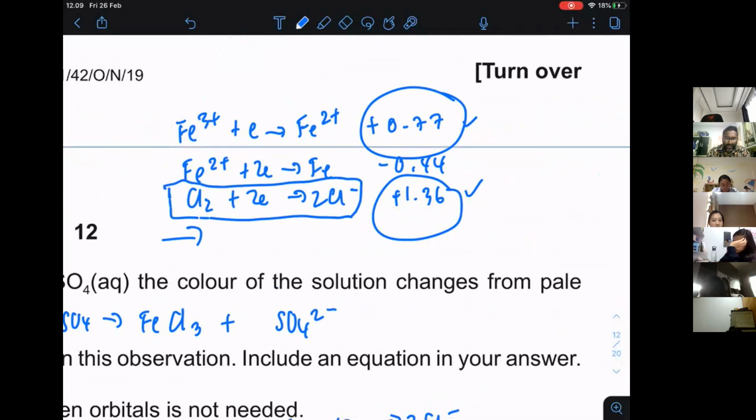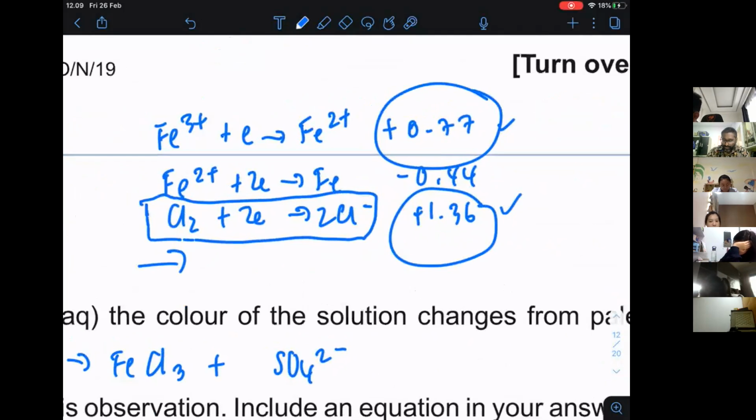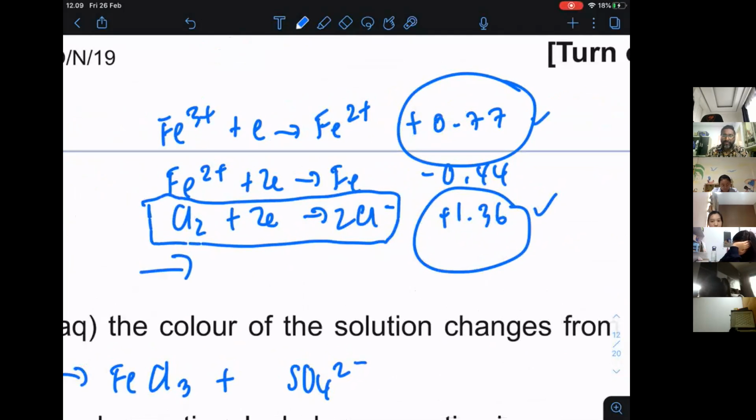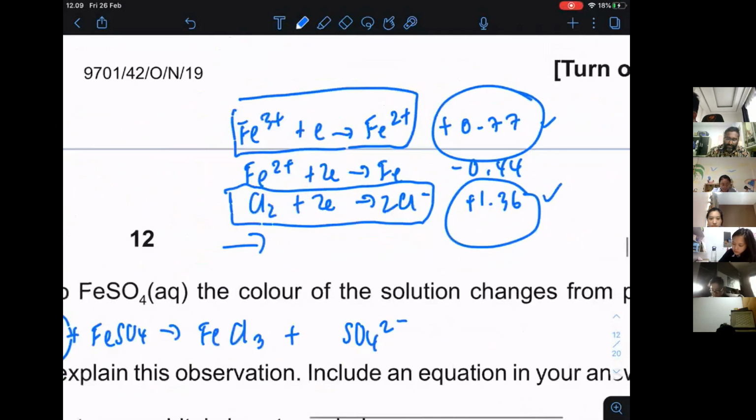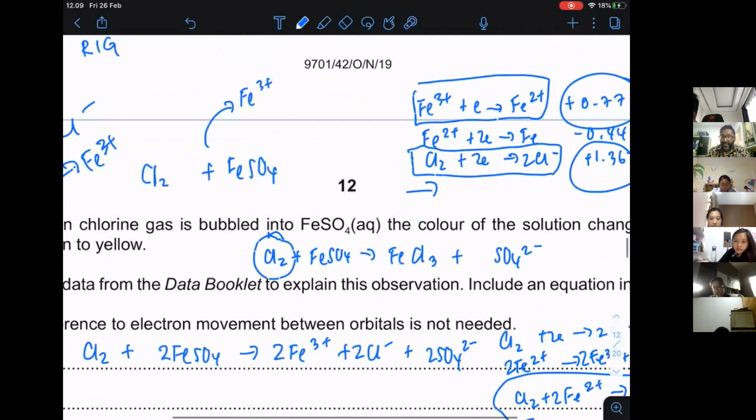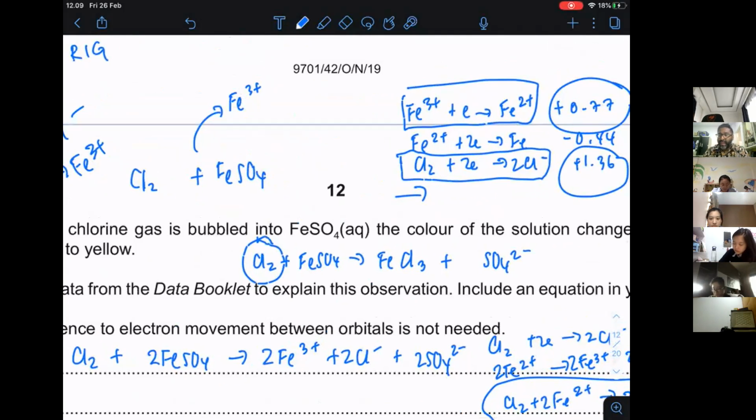But if you're not sure, you can actually bring in and write down the 2 first. But you need to select which one, because there is Fe2 plus to become Fe, and there's also Fe3 plus to become Fe2 plus. So which one should we choose? I chose this one because I know that Cl2 is changing to Cl minus, because I'm talking about there is a reaction.